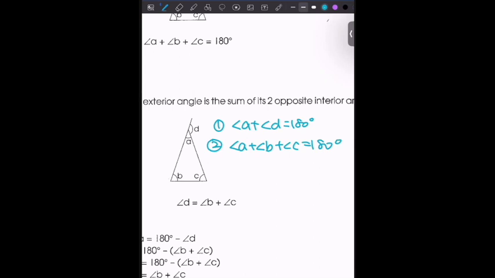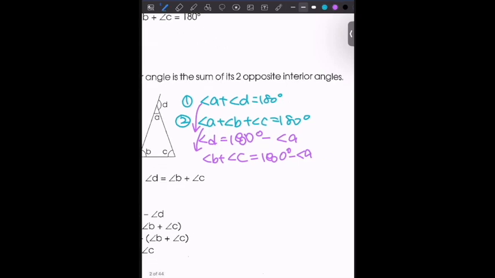Now from the first equation, we know that angle D is equal to 180 degrees minus angle A. And from the second equation, we know that angle B plus angle C is equal to 180 degrees minus angle A. So since both are equal to 180 degrees minus A, we know that angle D must be equal to angle B plus angle C.